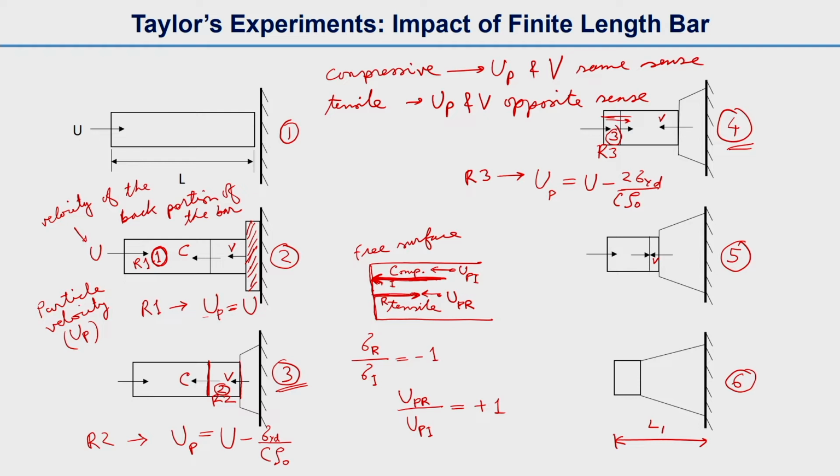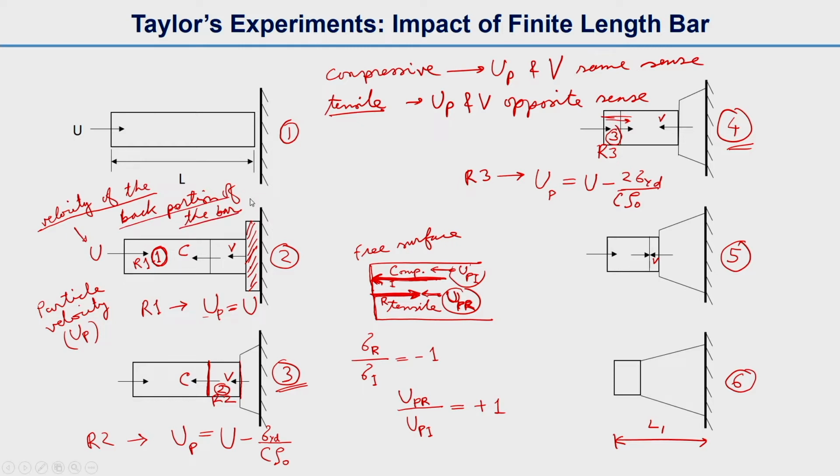Similarly, for the reflected tensile wave, the propagation direction is opposite to the UPR direction. That is what the above statement says: for a tensile wave, UP and V are of opposite sense. Because both UPI and UPR are in the same direction, we need to subtract that from u, which is the impact velocity, the velocity of the back portion of the bar.